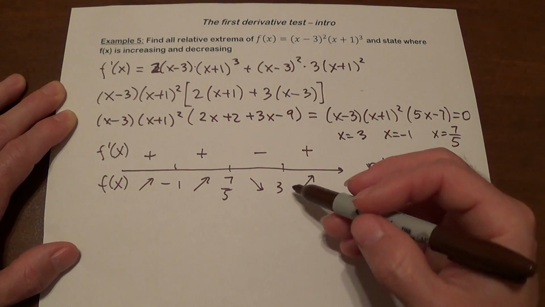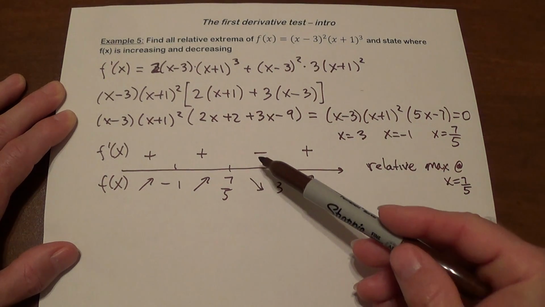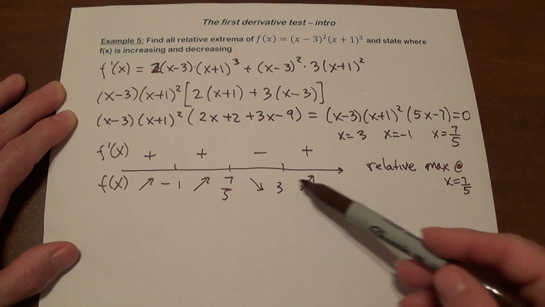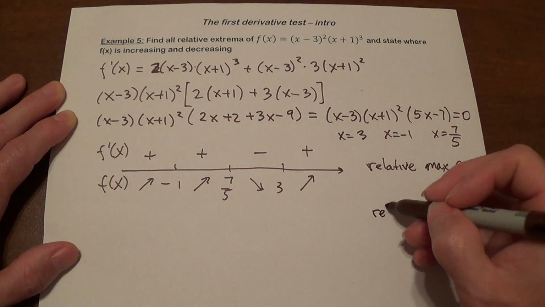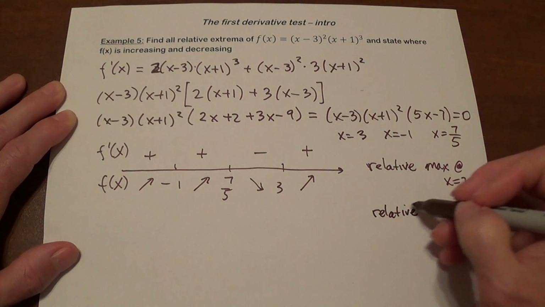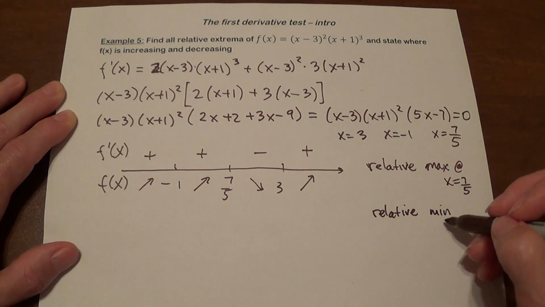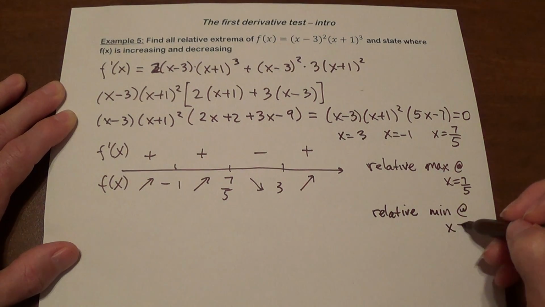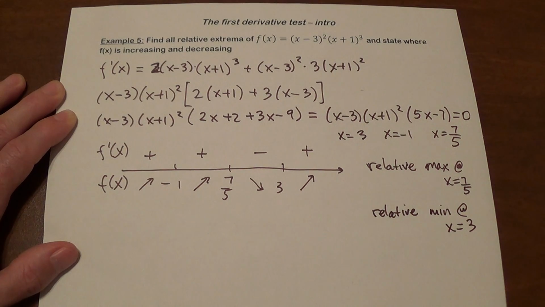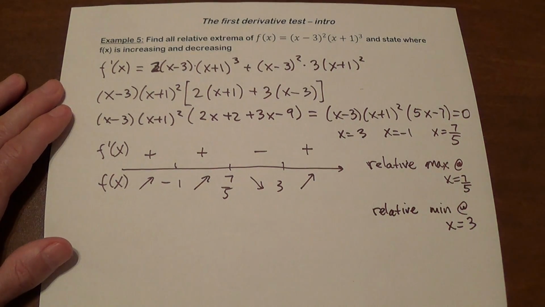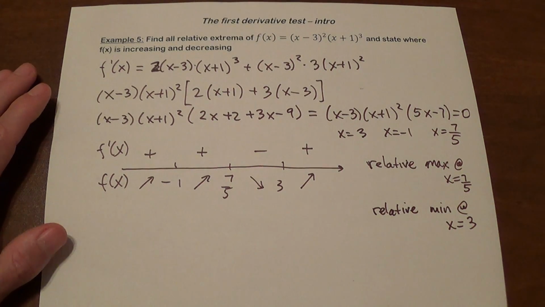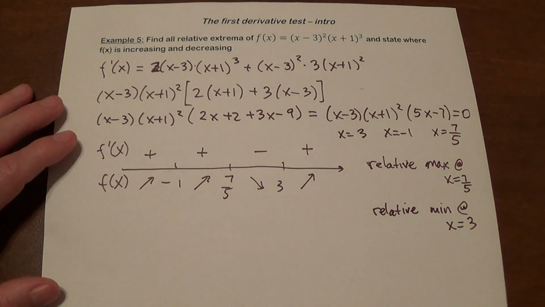Do we have a relative min? Wherever the first derivative changes from negative to positive, right here, we have a relative min. Okay. What happens at -1? Nothing. It's not a minimum or maximum because the first derivative does not change the sign.